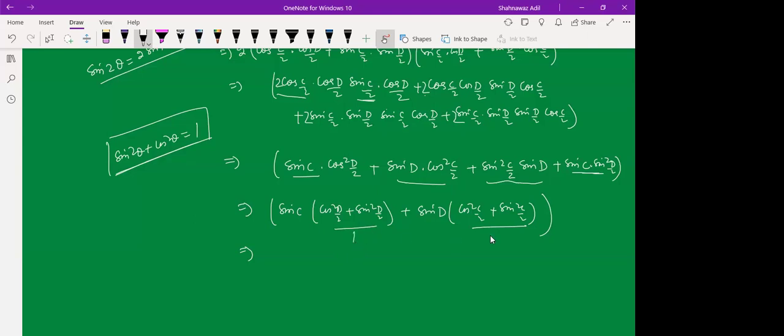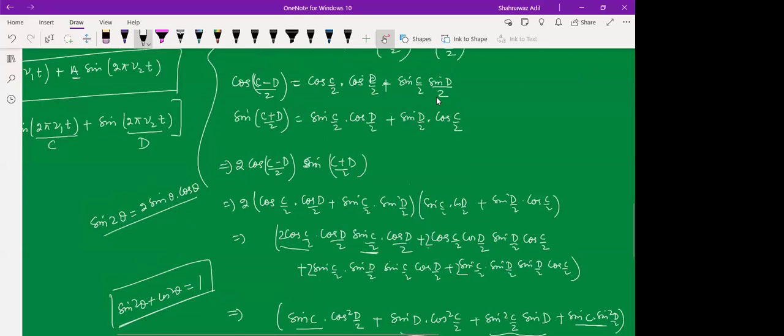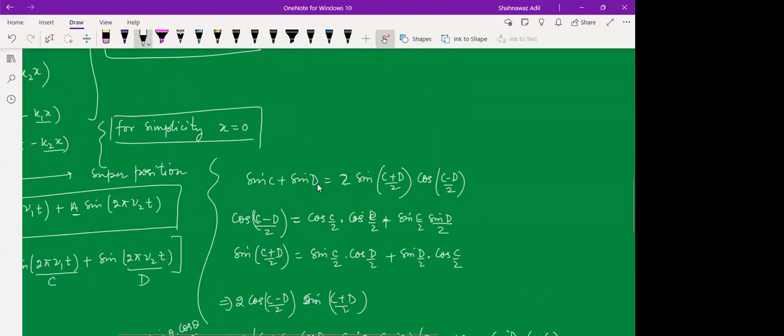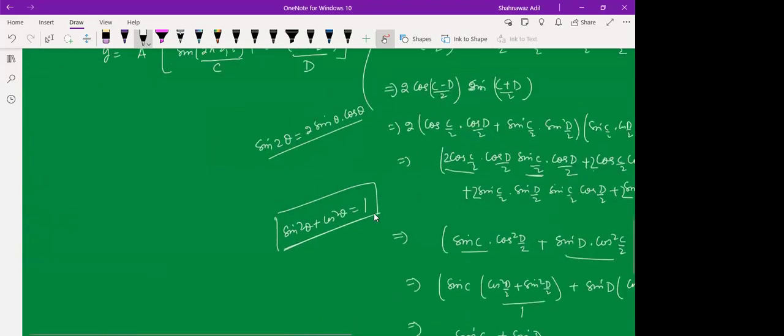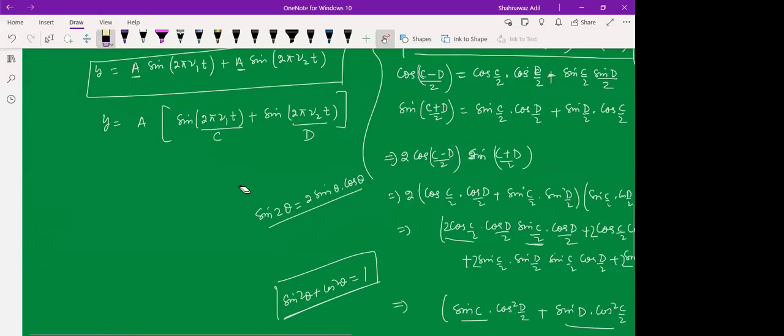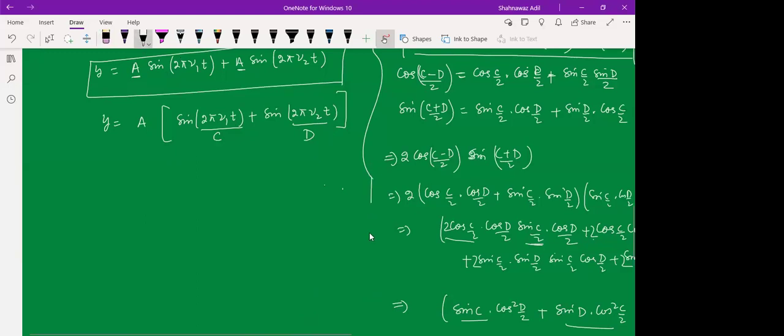So this would be 1, and this is 1. So this would be sin C plus sin D. That is what you have told me, right? We should have used this directly, but yeah, why did I use that? So that is how we get this. Okay, so we will get sin C plus sin D.